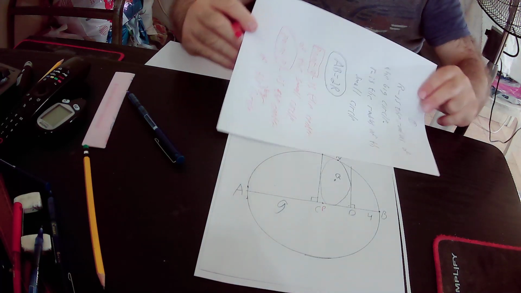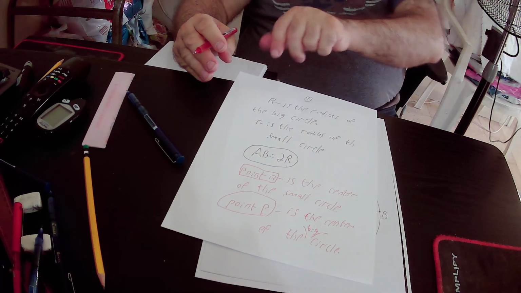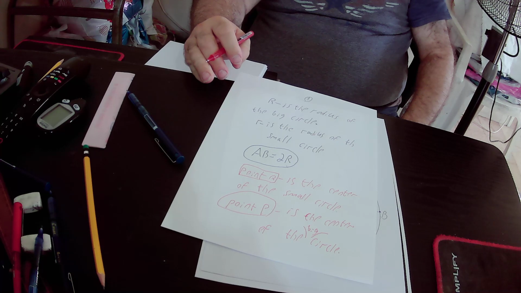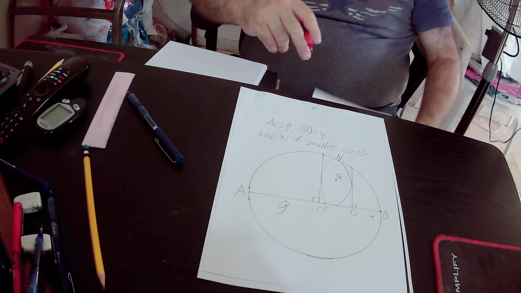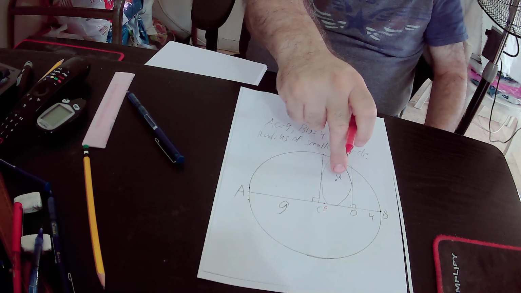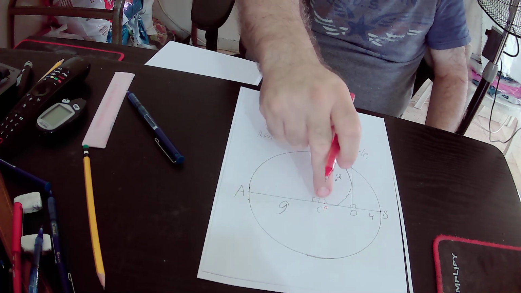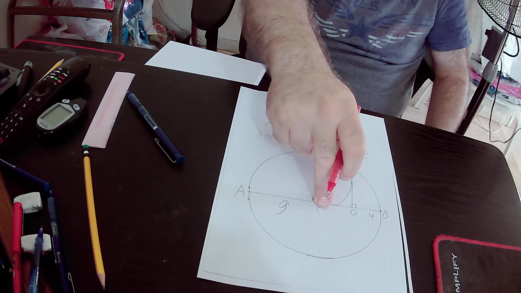Point Q is defined as the center of the small circle, and point P is defined as the center of the big circle. Okay, this is the center of the small circle, and this point P is the center of the big circle.